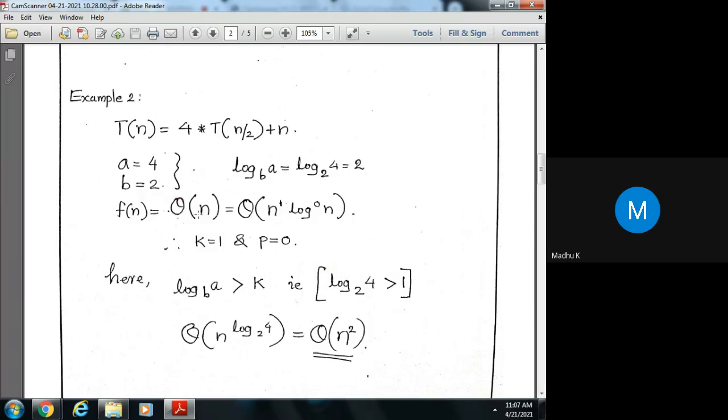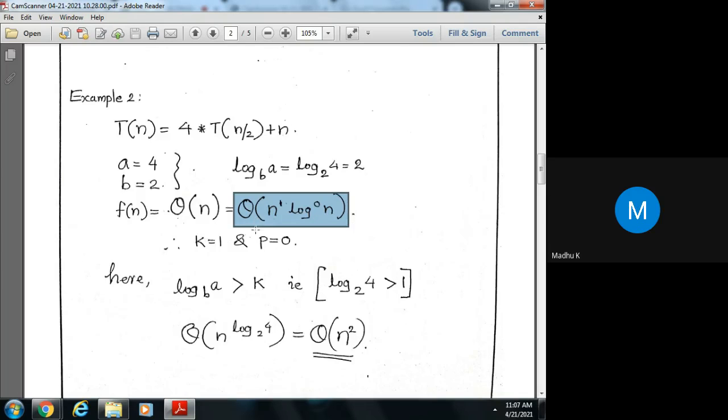So what is theta of n? We can rewrite it in this way. This is very important. We are rewriting n as n raised to 1 times log power 0 n. This term is actually 1, since log power 0 n is equal to 1. So we rewrite theta of n as theta of n raised to 1 log power 0 n.